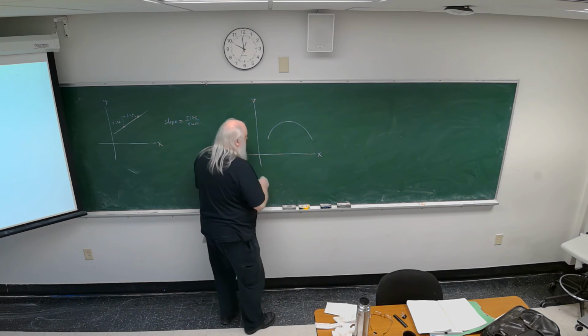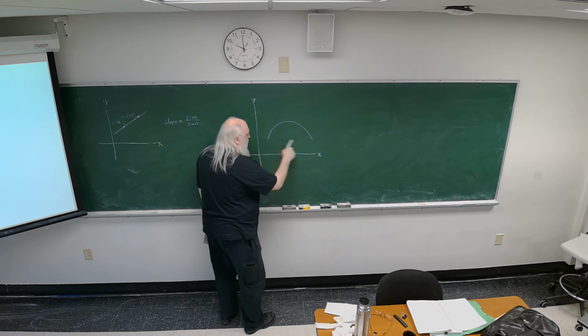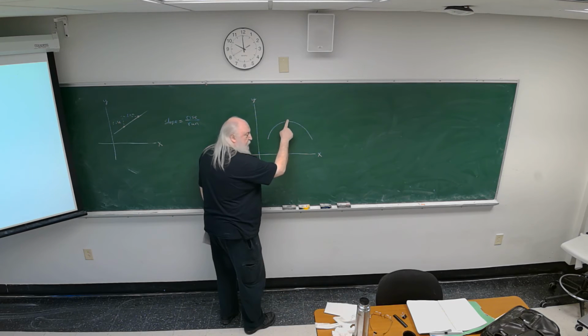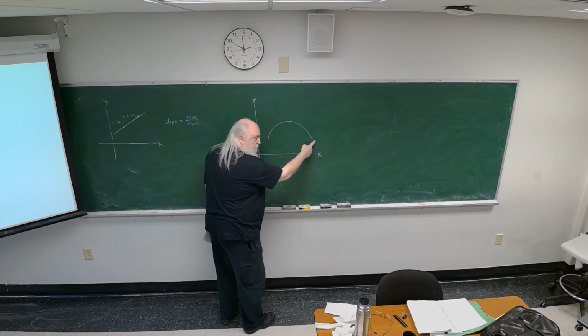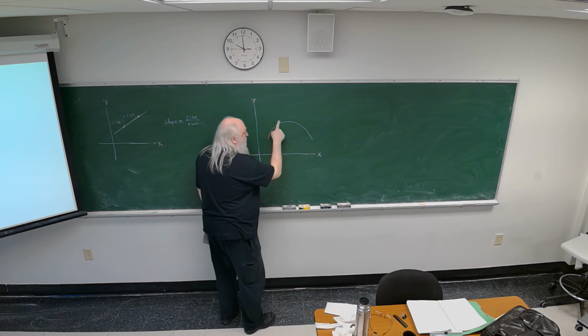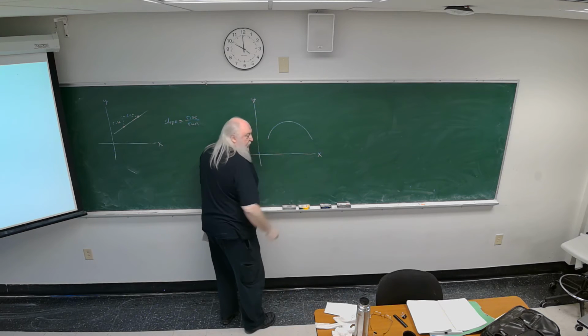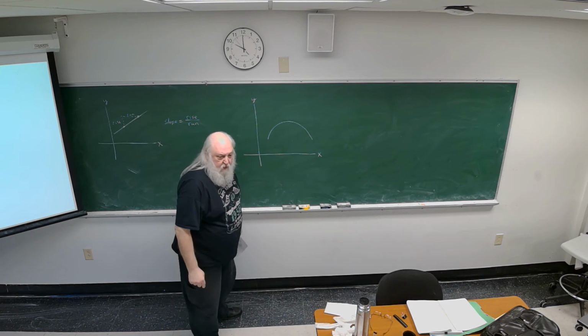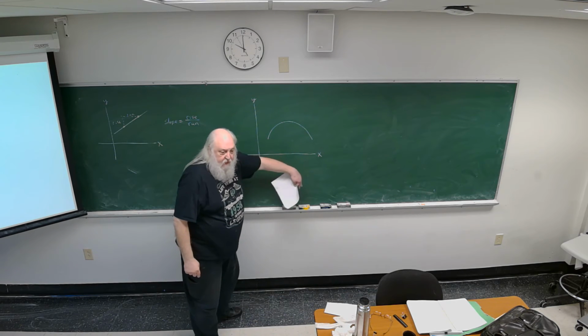And so going from left to right, we're going uphill, and then we get to the top of the hill, and then we're going downhill. So the slope is positive until we get to the top of the hill, and then the slope is negative after the top of the hill. Okay? Going uphill and then downhill.